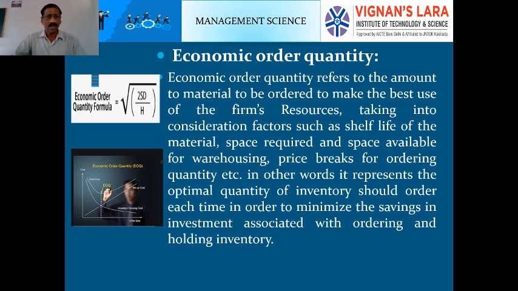That is, economic order quantity refers to the amount of material to be ordered to make the best use of the firm's resources. Resources means investment, money, taking into consideration all the factors such as shelf life of the material, space required and space available for warehousing, price breaks for ordering quantity, etc.